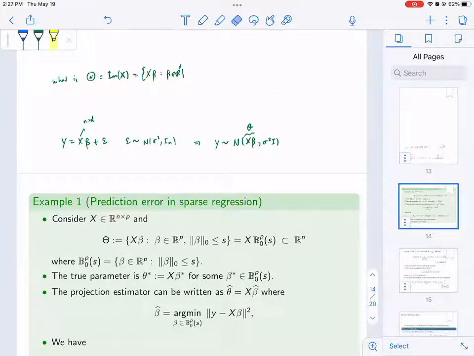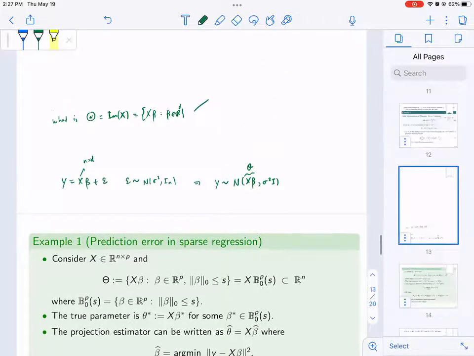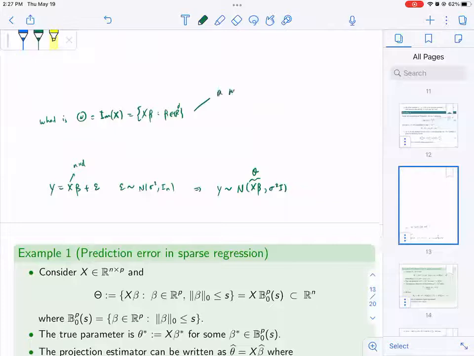It's a much smaller space than Rn if D is, let's say, much smaller than n. Let's say D is 2, n is 100.